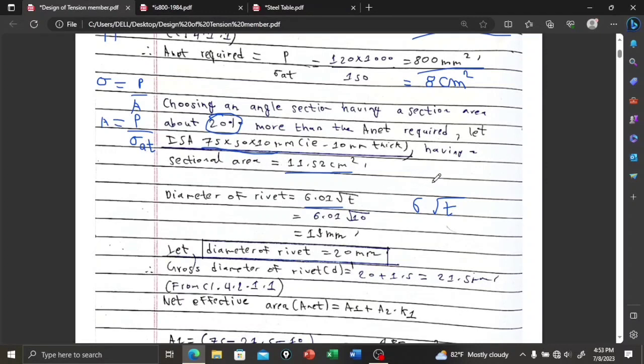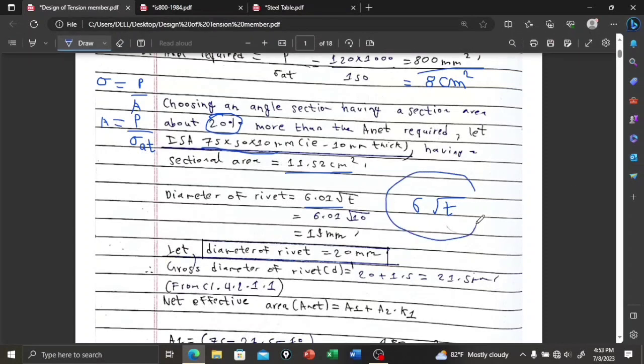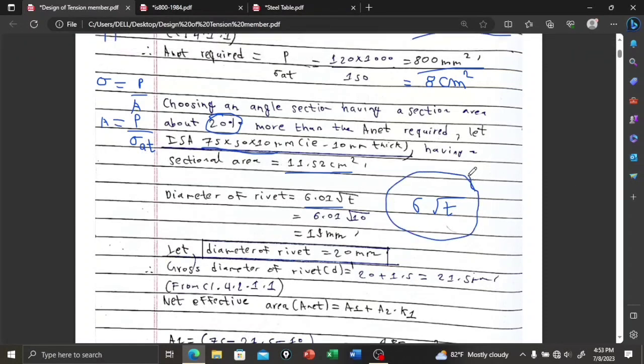It varies, so you can take approximately 6 root t, which is easier to remember. 6.01 root 10 is around 19, and 6 root 10 is 18.97, that is 19 millimeter. So this is the rivet diameter.